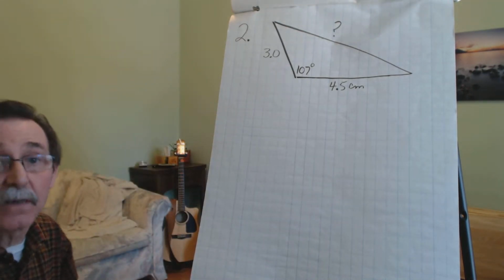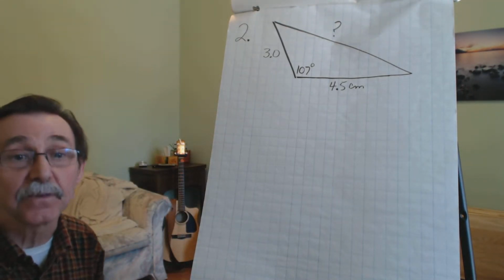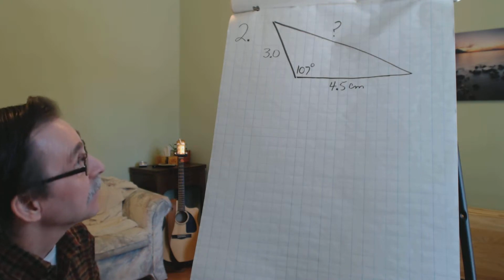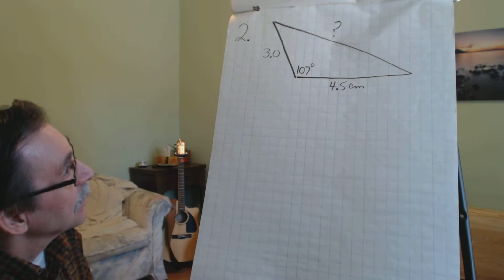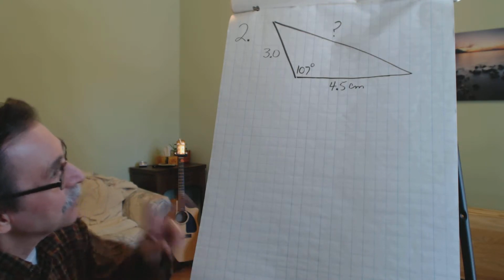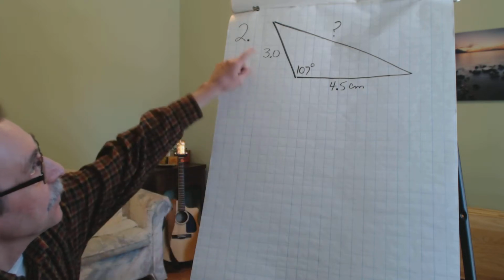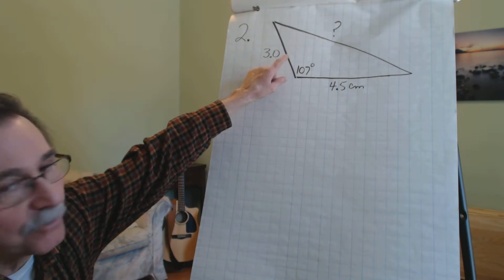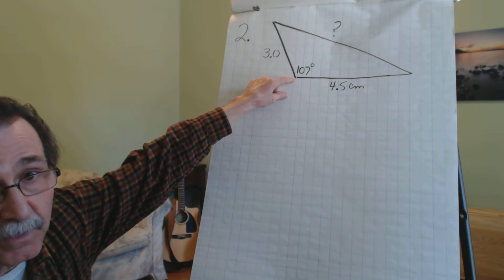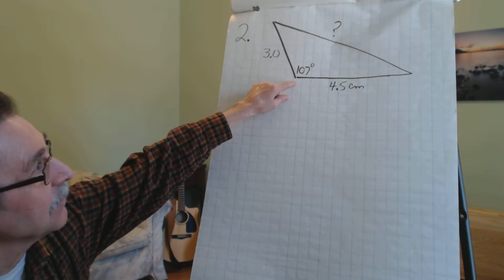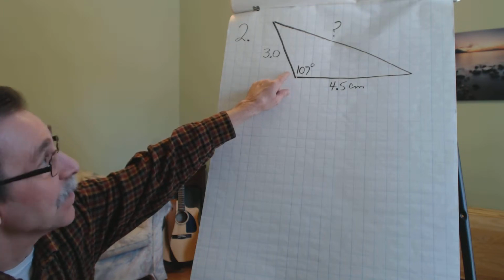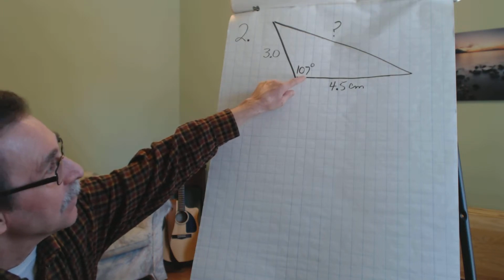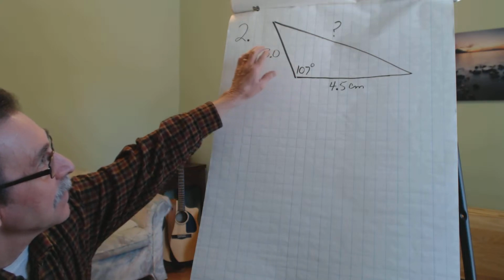So there's not a lot different between this one and the last one, but there are two differences. One, we don't have an acute angle like we did in the last one. Remember the last one had a 32-degree angle? Well, this is an obtuse angle. It's 107 degrees.